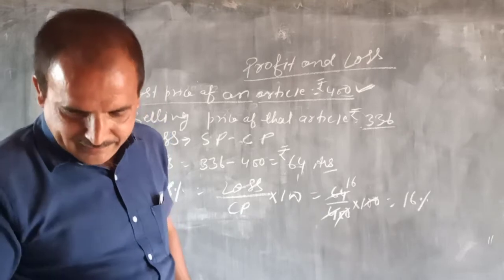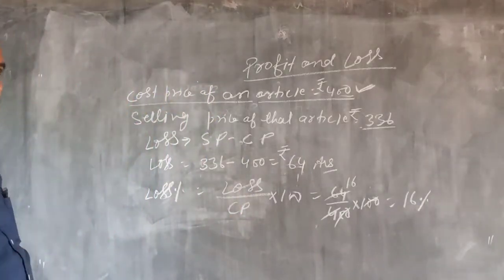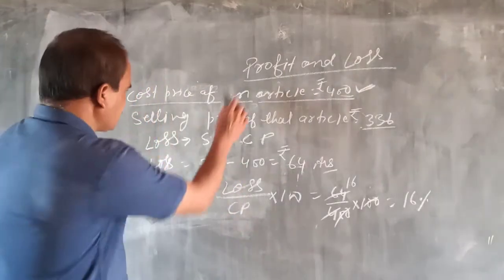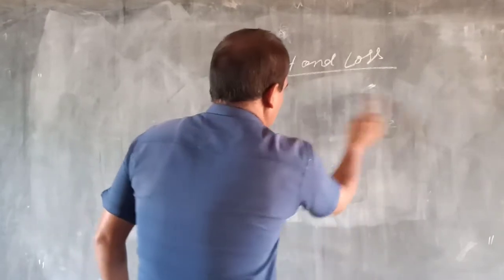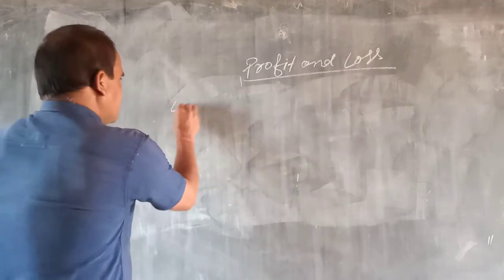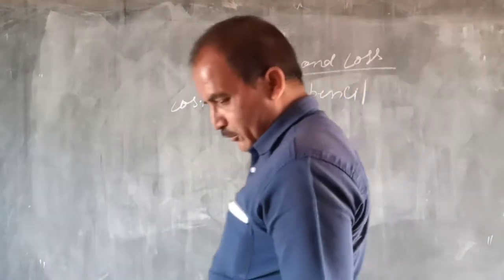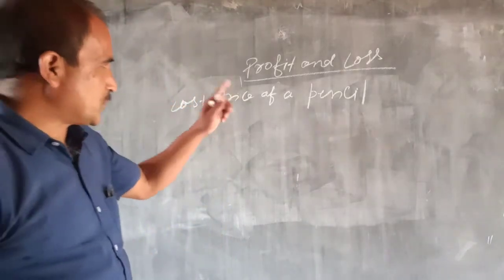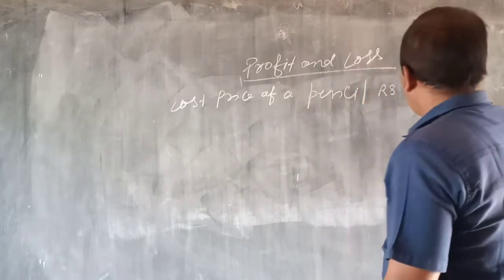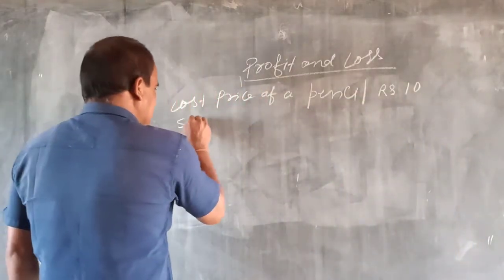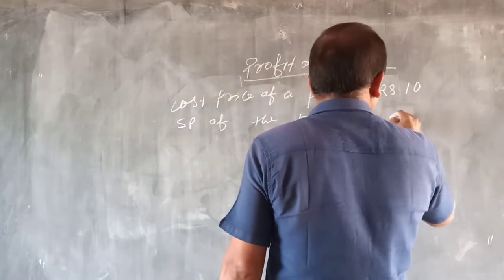Now the next example. The cost price of a pencil is Rs 10, and the SP of the pencil is equal to 20.